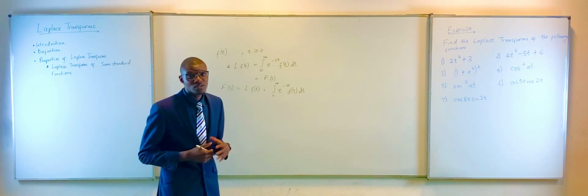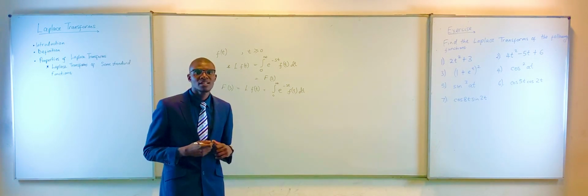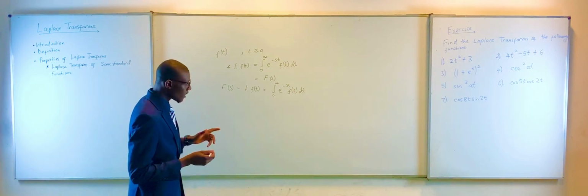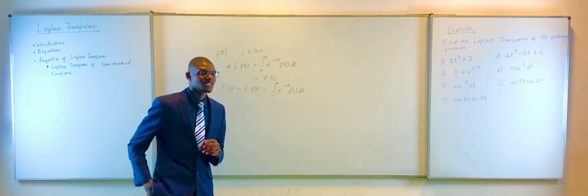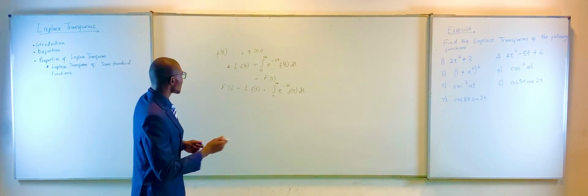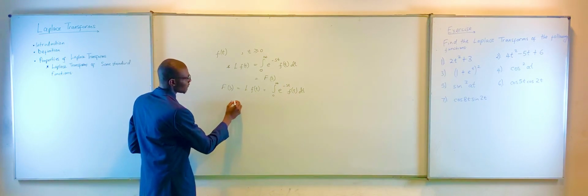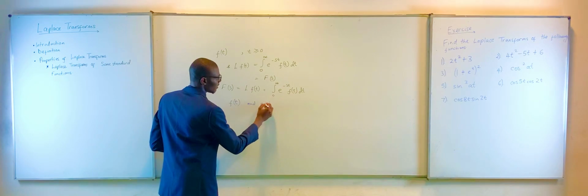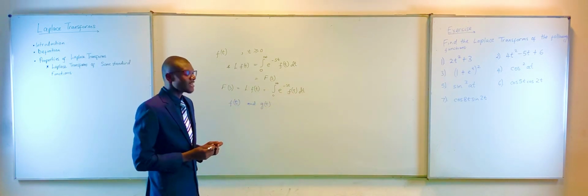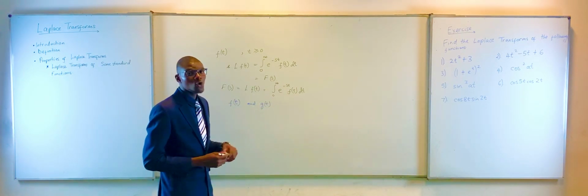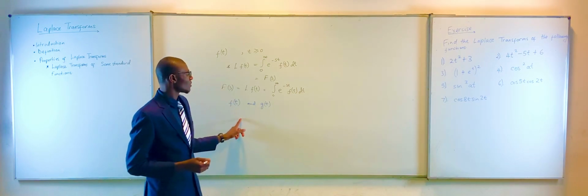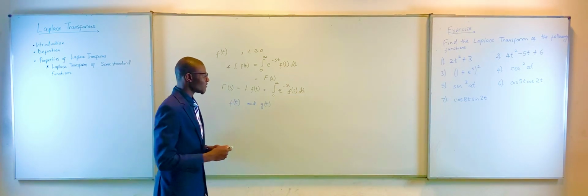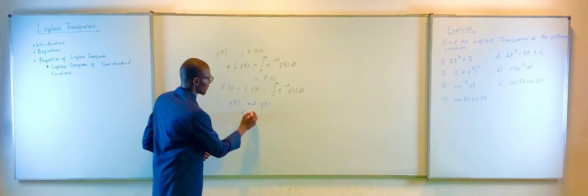So now we'd like to look at the properties of Laplace transforms. Let's say we've got two functions, f of t and g of t, such that these are defined for all positive values of t. And let's say we've got a constant k.